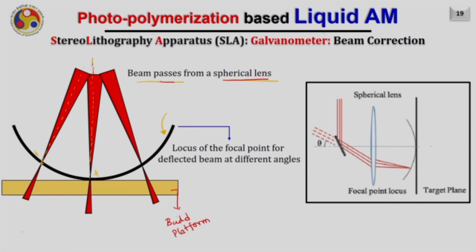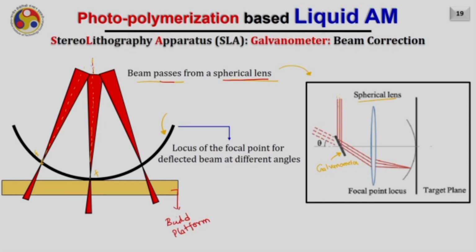So this is what happens when the beam passes through a spherical lens. Typically the scenario is like this. This is the laser beam coming from the top. It is getting deflected by striking a galvanometer, and after getting deflected from the galvanometer, it passes through a spherical lens. Why is it passing through the spherical lens?